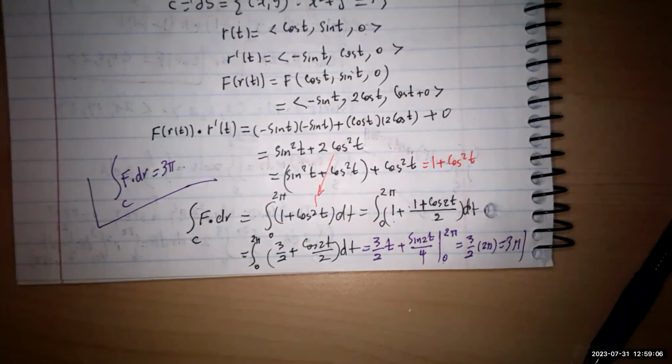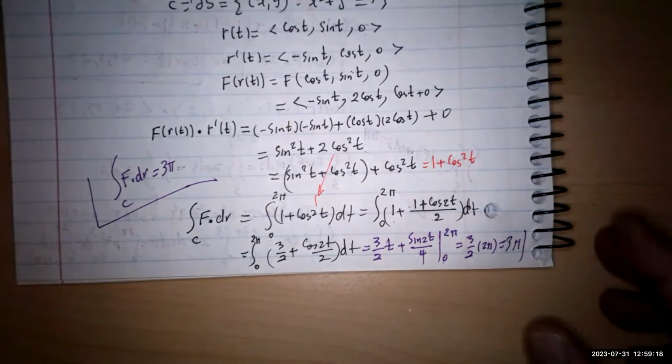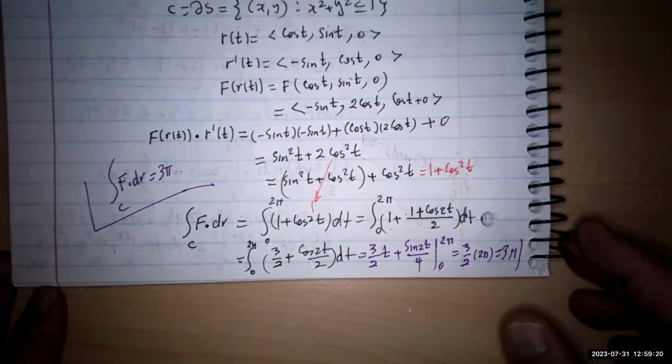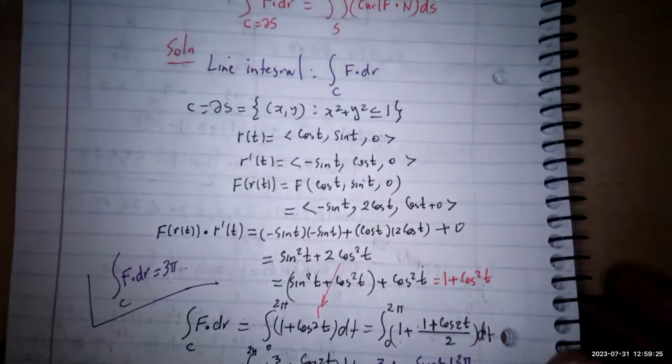Now, the challenge for this one is for the surface integral, you need the normal vector. And since this is the sphere, you must know that normal vector in advance, the one that we did. Otherwise, it takes quite a while to find it. That's why I give you this one. I know I gave you the formula. Okay, are you ready? So going to the second part and taking care of the surface integral.